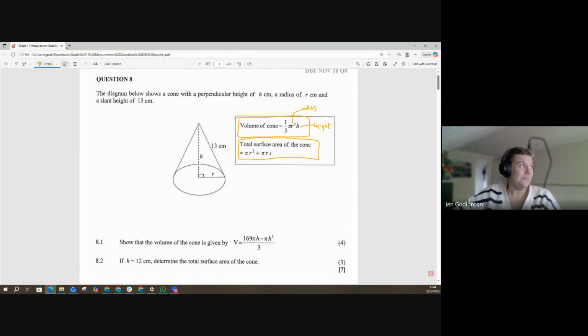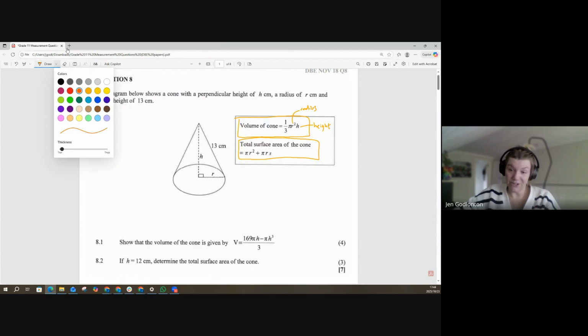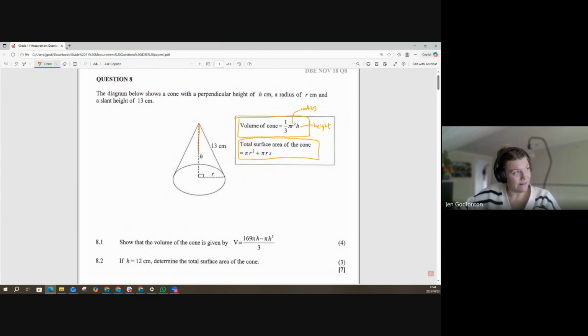So, my advice is that when you have a cone, they are going to want you to do Pythagoras at some point, because there's this beautiful little right angled triangle that gets created when we use a cone. And because of that, generally, one of the questions is going to involve Pythagoras in some way.